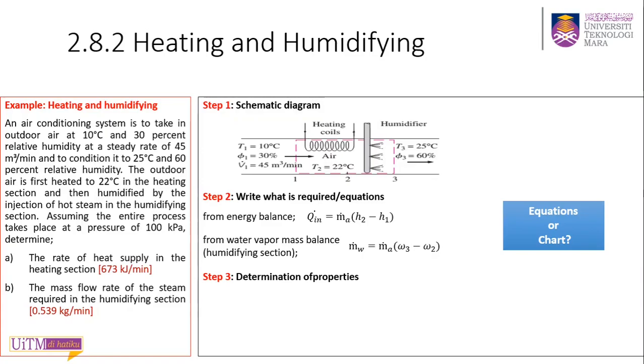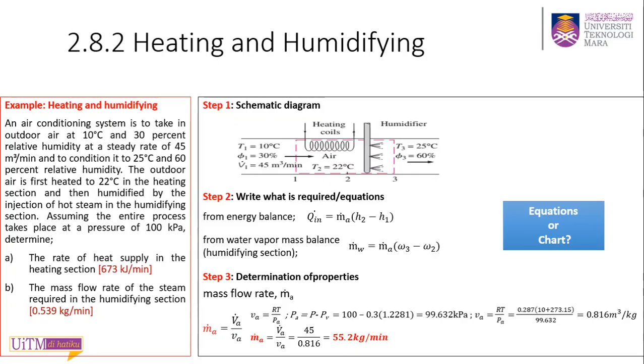For step 3, determine the required properties at each state. But before that, we must first calculate the mass flow rate for dry air using the equation written in red. The solution is shown in the slide here, where we can see that the mass flow rate for dry air is 55.2 kilograms per minute.